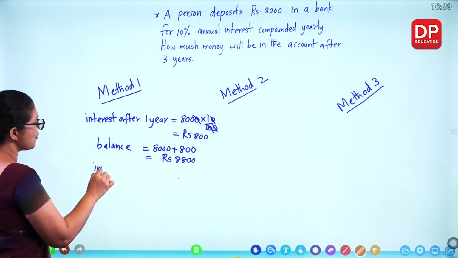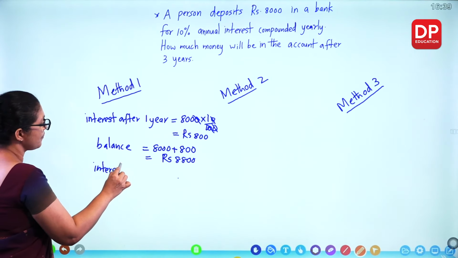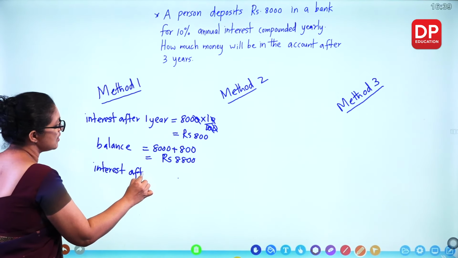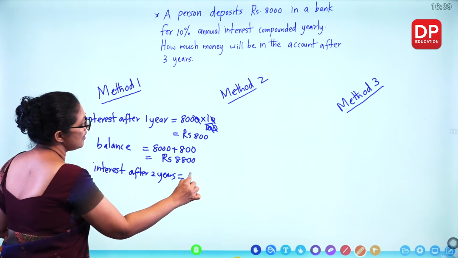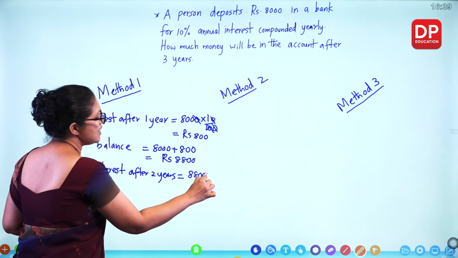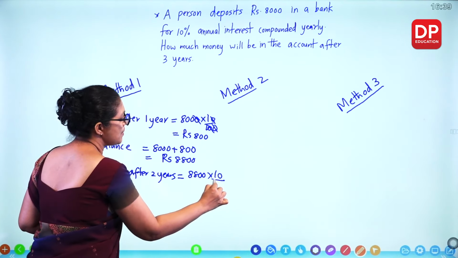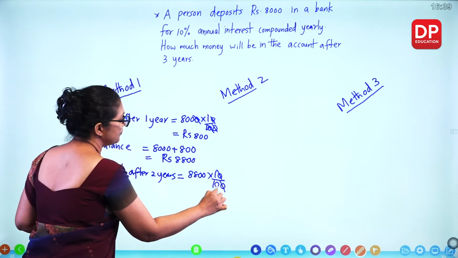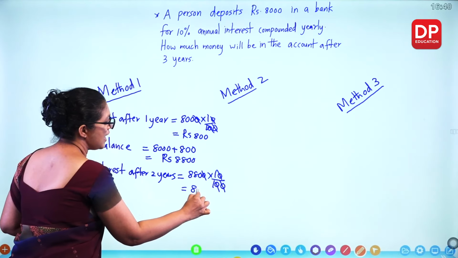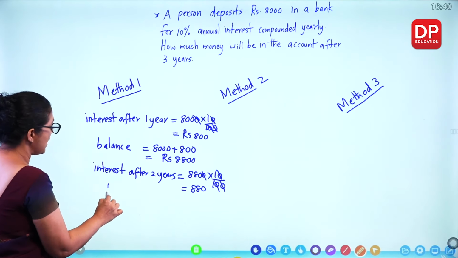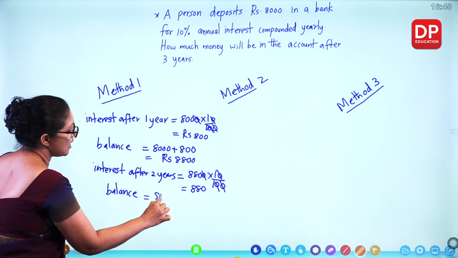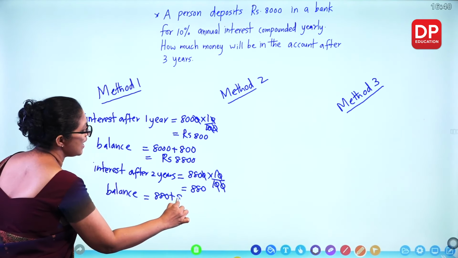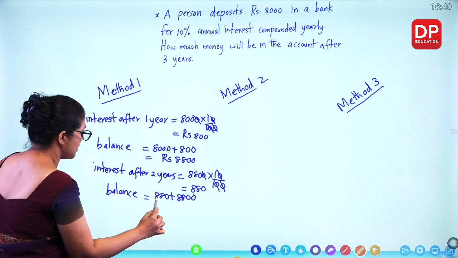What's the interest for the second year? Interest after 2 years. Now 8,800 is the initial value, again 10%. 880. So what's the balance now after 2 years? 880 plus 8,800.